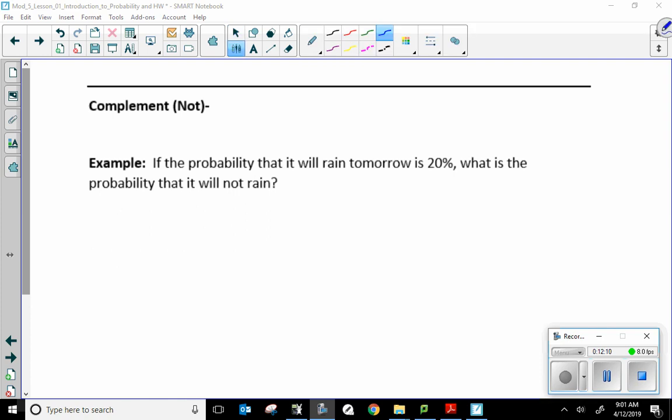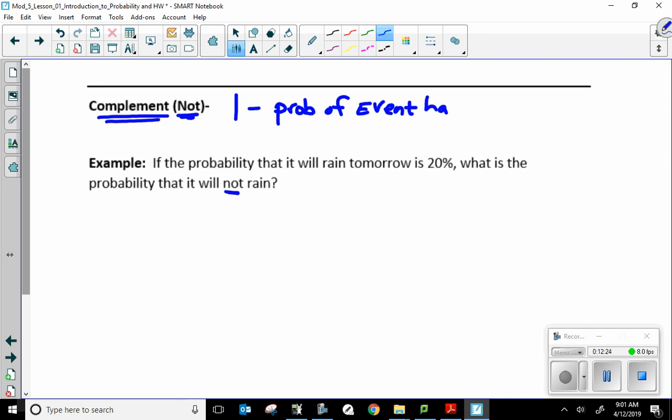If we are talking about complement, which is what we are talking about right now, the word not, I take 1 and subtract the probability of the event actually happening. Now, we'll get into this in a moment, but the probability that it will rain is 20%.